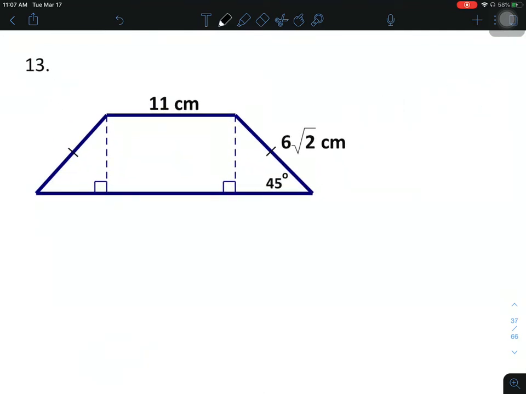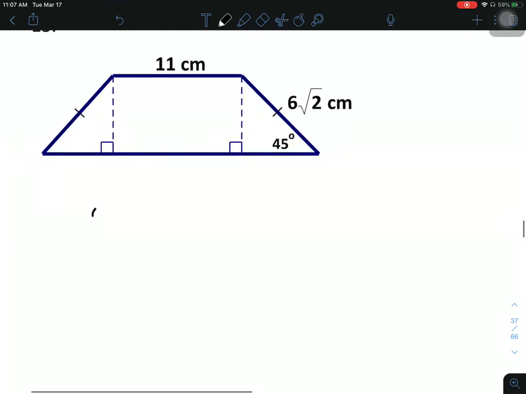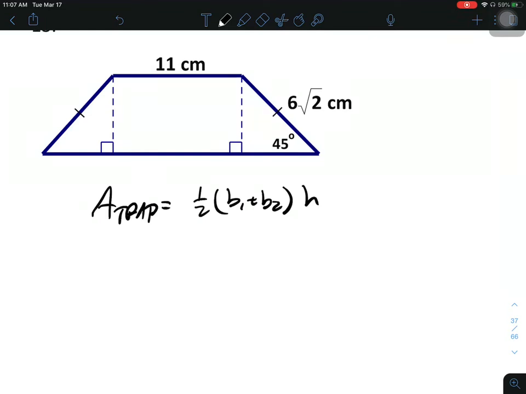13. More practice. We need more practice. This is a trapezoid. To find the area of a trapezoid, it's half the sum of the bases times the height.